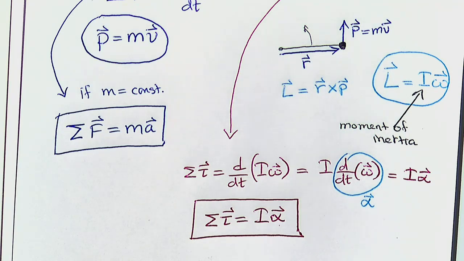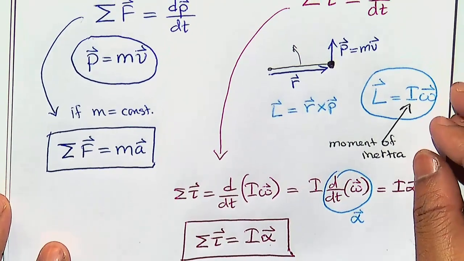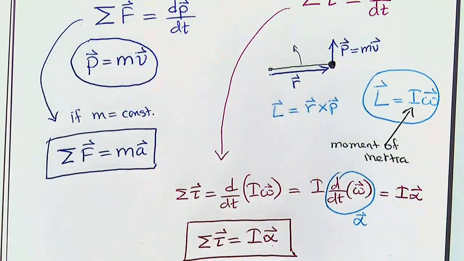Okay, questions? We're going to spend some time talking about the moment of inertia because that's a new idea. But how are we doing in terms of seeing the comparison of the two different Newton's laws, the linear case versus the rotational case? Doing okay? I'll give you a second if you have a question.